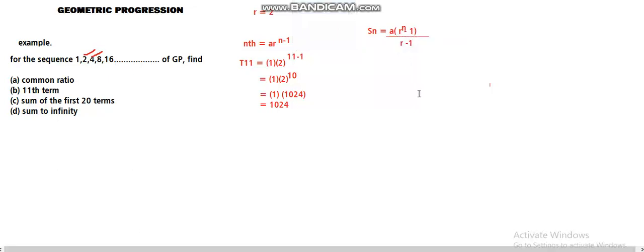Now why have I started with this one? If you look at the notes that I set earlier, I said you use this one when R is greater than 1. And in this case R is 2. That means R is greater than 1. So go direct and replace. A is 1. R is 2, minus 1.